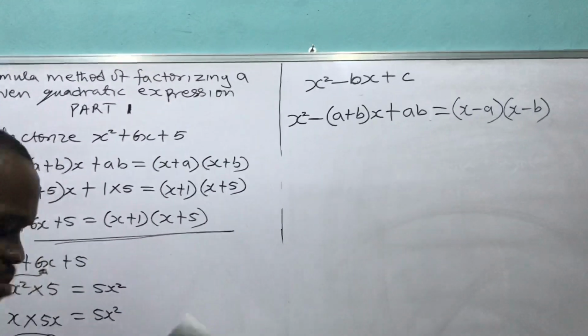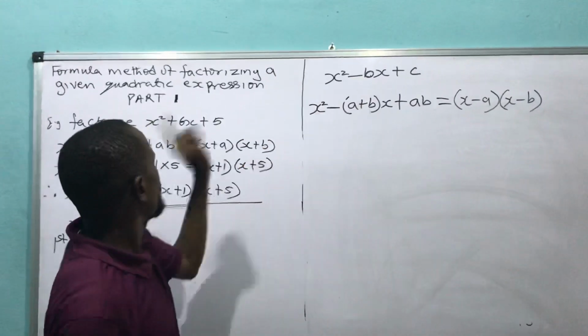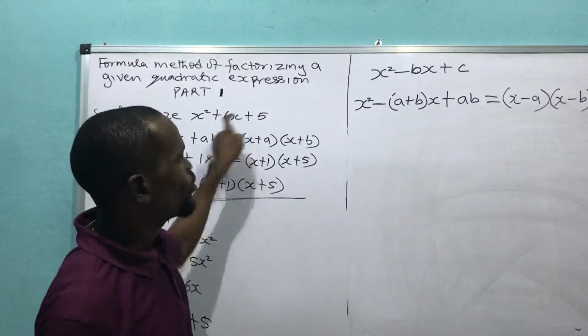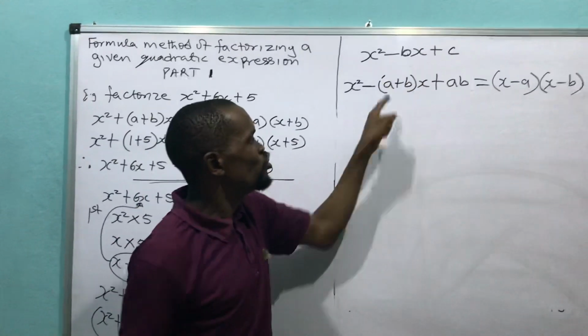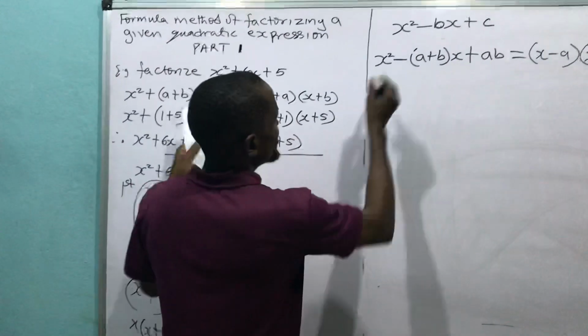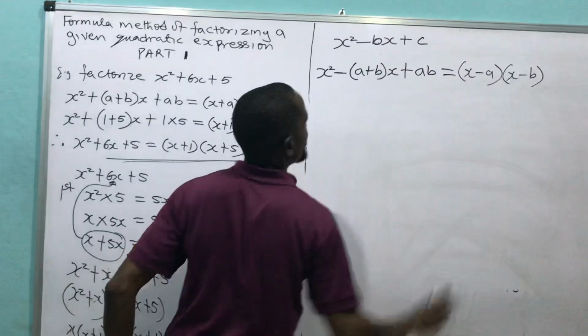I think you follow what I'm talking about. The other ones we are doing are plus plus, but right now minus has appeared here. That means I'm going to use my formula, which said the minus here will be minus, here will be minus.